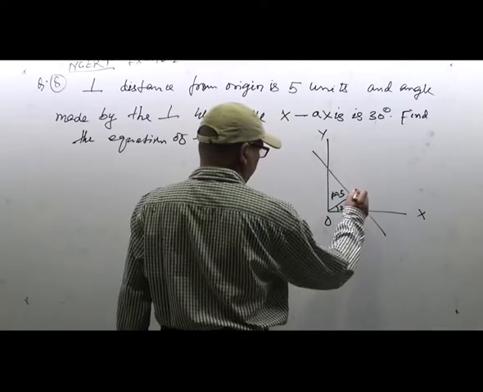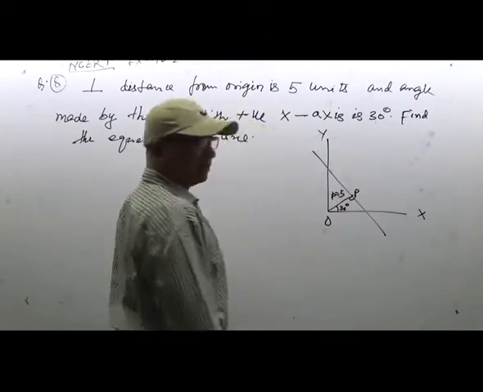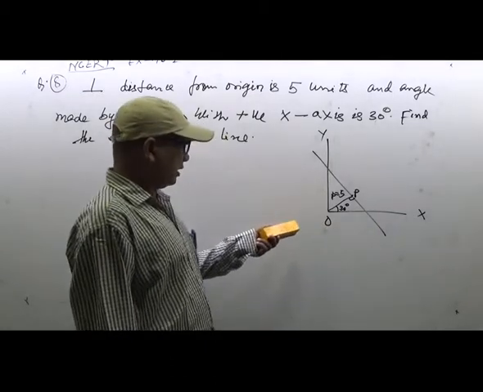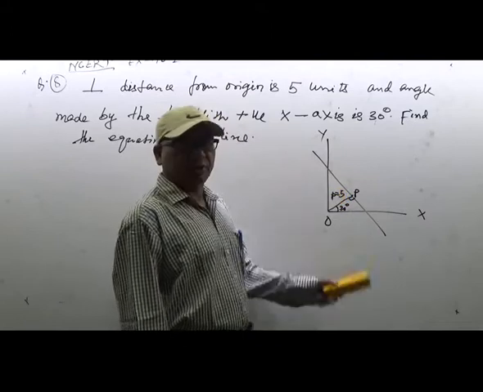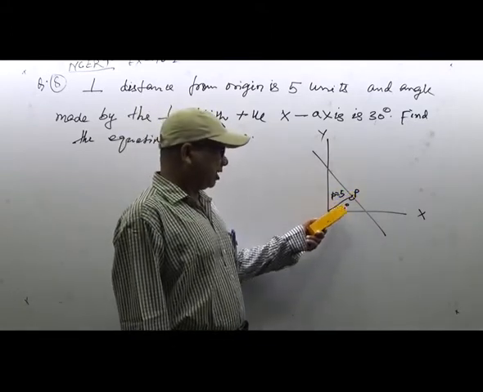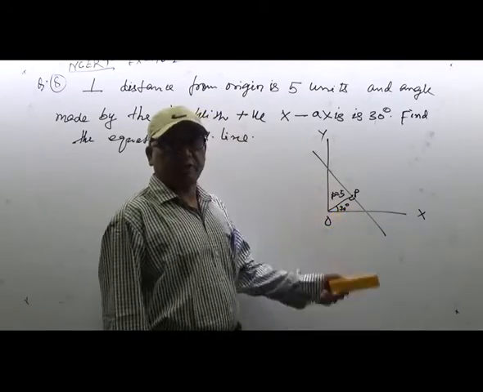P गुड पॉइंट है इस पर, ये 90 डिग्री. It is given in your question that the length of perpendicular from the origin to this line is 5 units, and this perpendicular makes an angle 30 degree with the positive direction of x-axis.